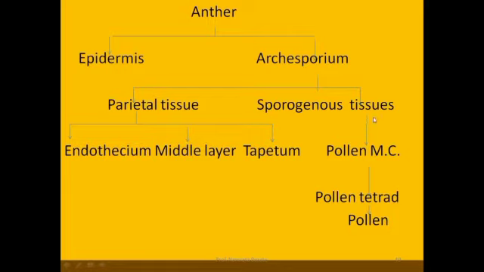The cells of the outer parietal layer divide again periclinally and anticlinally and form the endothecium, middle layer and tapetum.